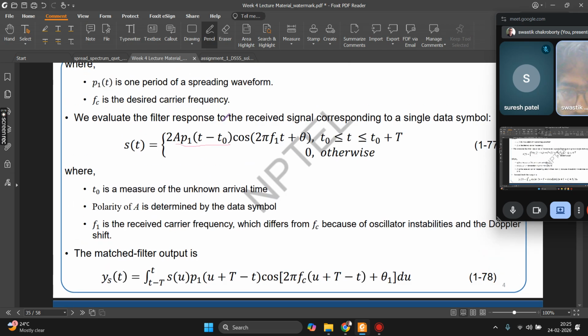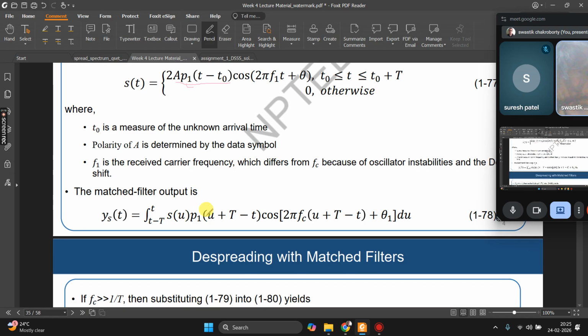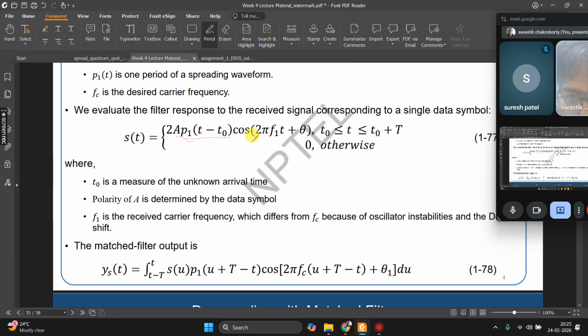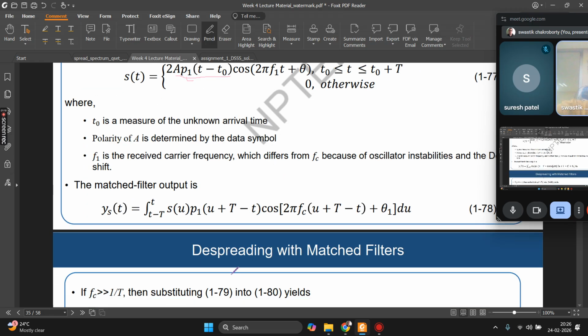You are matching a filter to p1, not to the entire thing, so p1(T plus t minus t), along with this tone. When you match this, t minus t0 becomes T minus t. Finally this is your matched filter part, and you are multiplying the signal with the matched filter.